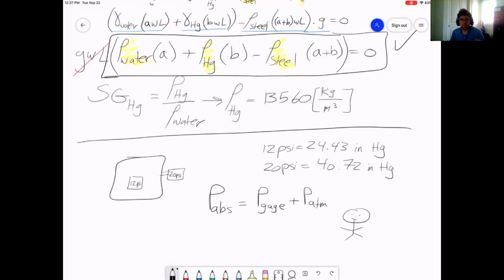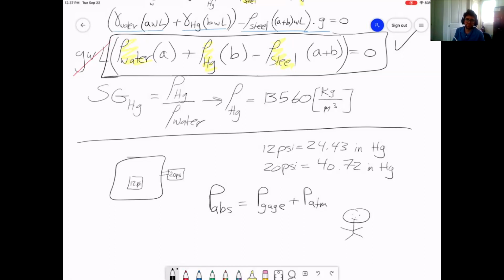So going back to our car tire example, I'm sticking a pressure gauge in and it's reading 36 psi. Okay, the gauge pressure is 36. But if I asked you, what's my absolute pressure in that car tire?